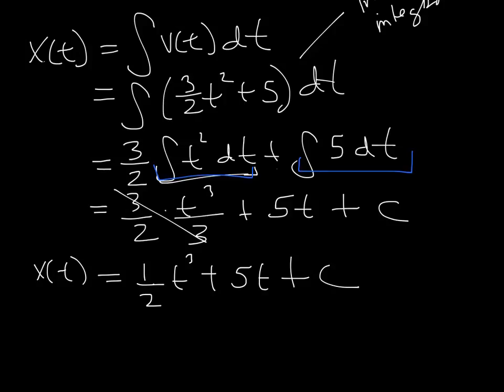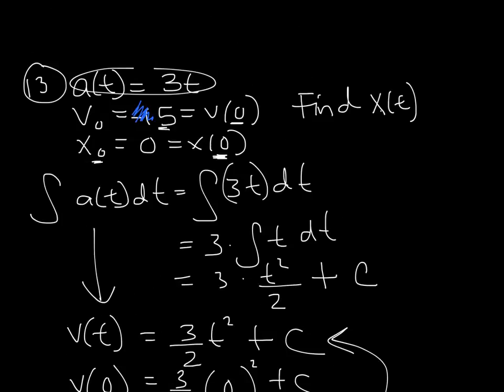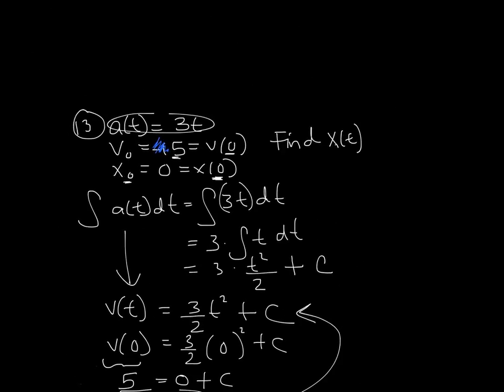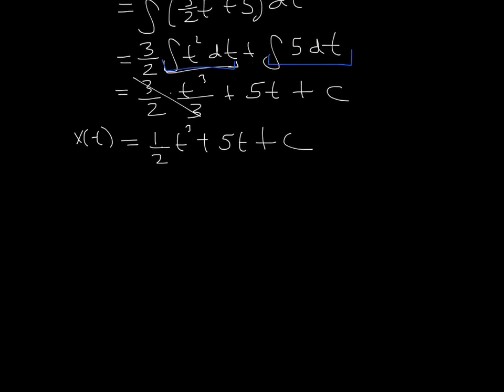So again, we go back to our initial conditions, and for x of t it was, right, 0 and 0. When t is 0, x naught is 0, so it really starts at the origin. And again, substitute, right? X of 0, t is 0, times 5 times 0 plus c.